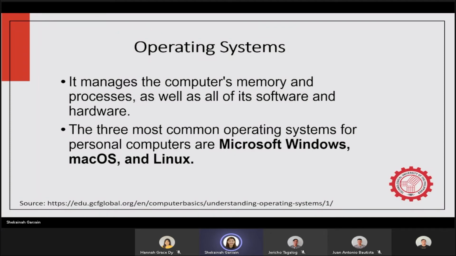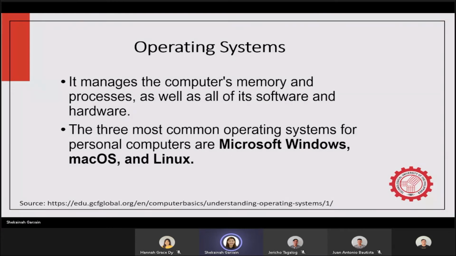It manages the computer's memory and processes, as well as all of its software and hardware. The three most common operating systems for personal computers are Microsoft Windows, Mac OS, and Linux. So yung OS is the important software that will run the computer.